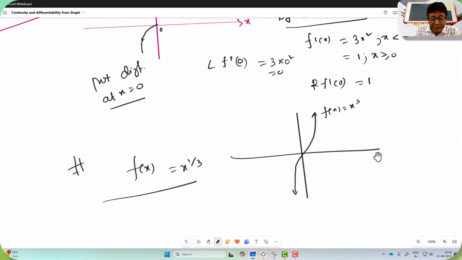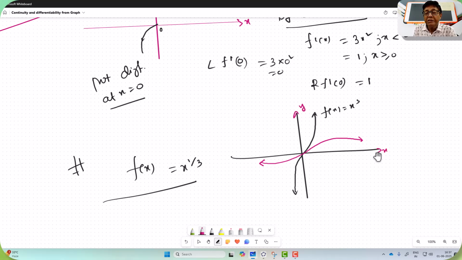And for f(x) equal to x to the power 1/3, the graph of the function is going to be like this. About the line y equal to x, it will be symmetric.